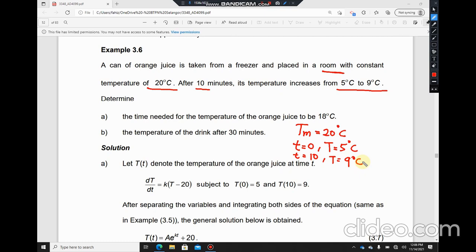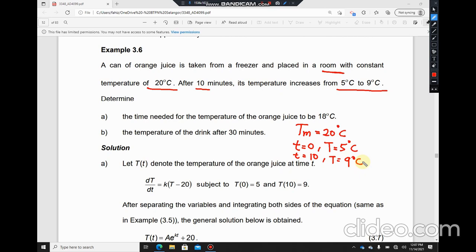Kat sini awak kena pandai trick question. Kadang-kadang information tu dia tak bagi direct. So dalam kes ni dia kata after 10 minutes, its temperature increases from 5 to 9, so after 10 minutes the temperature is 9, and for the initial, t equals to 0, your temperature is 5.